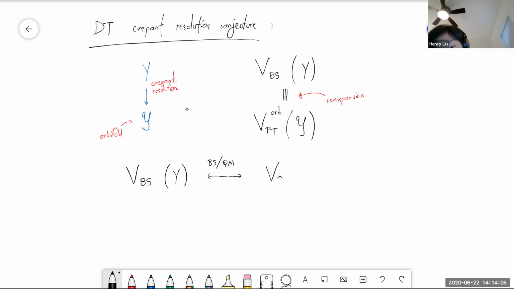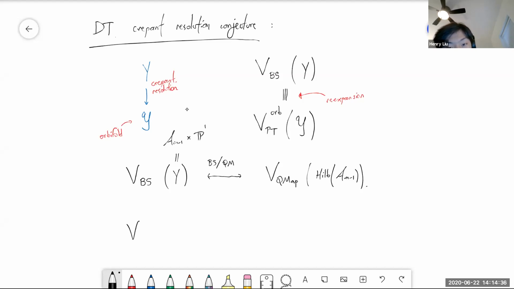And we'll get the quasi map vertex. And again, for simplicity, we're going to say that Y is just, say, A_{m-1} times P1. Okay. And so here we'll get the quasi map vertex for Hilb of A_{m-1}.